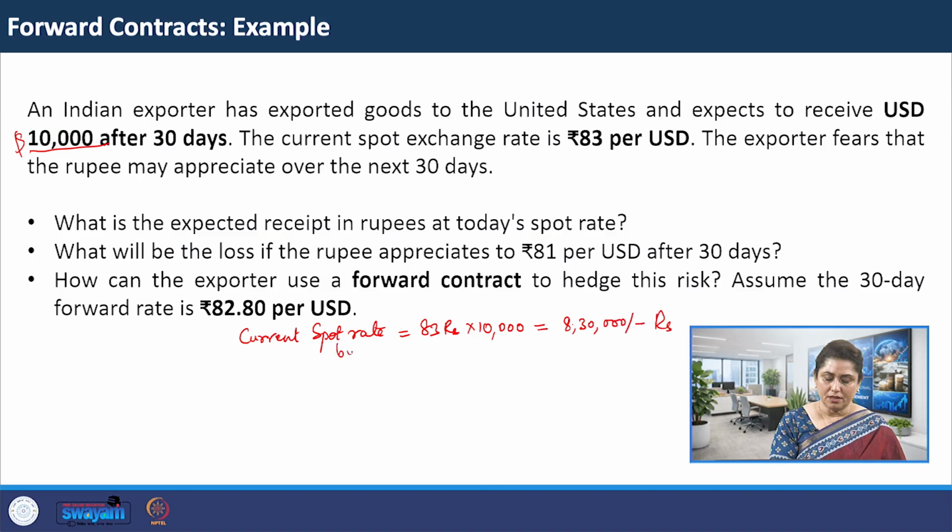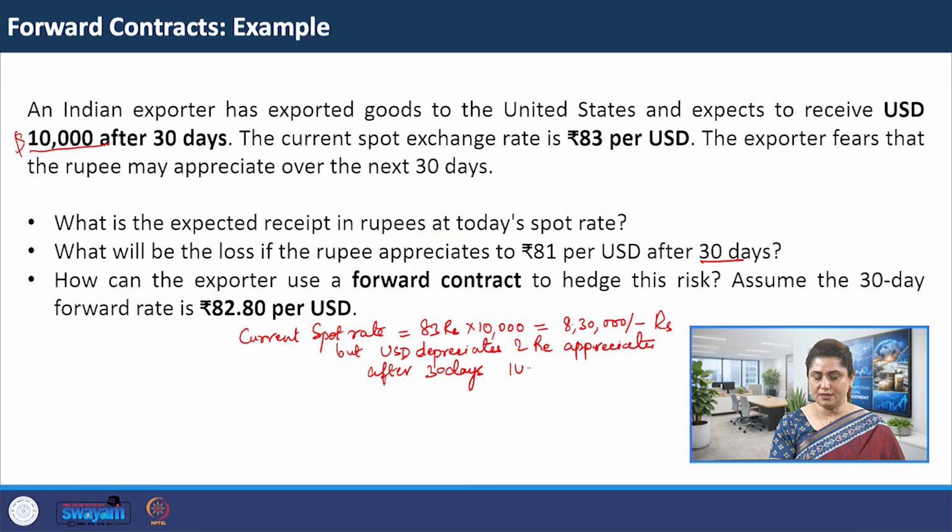But if the USD depreciates and the rupee appreciates, and after 30 days one USD is equal to 81 rupees, then what is going to be the income in rupee terms for the exporter?